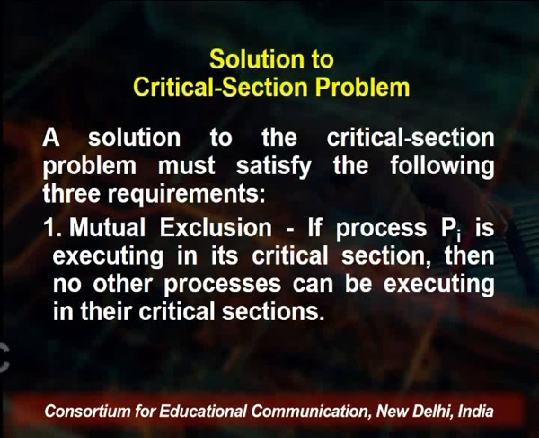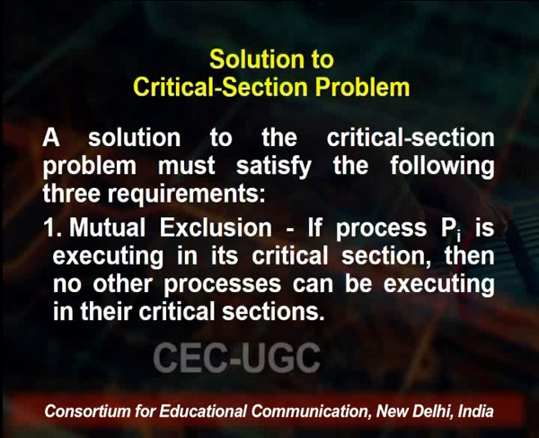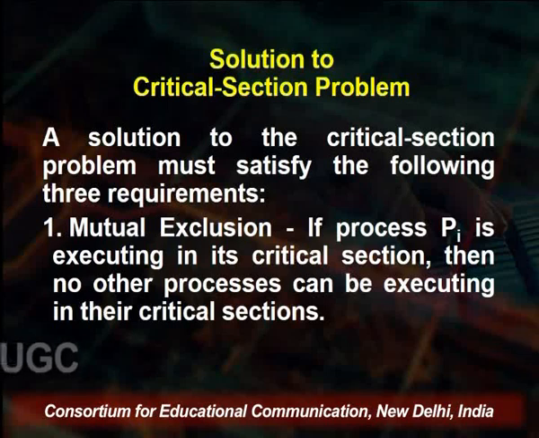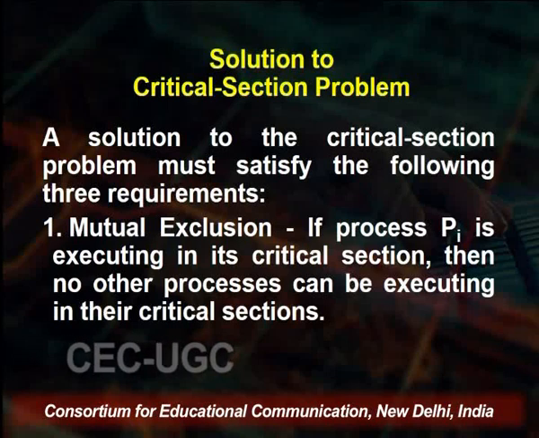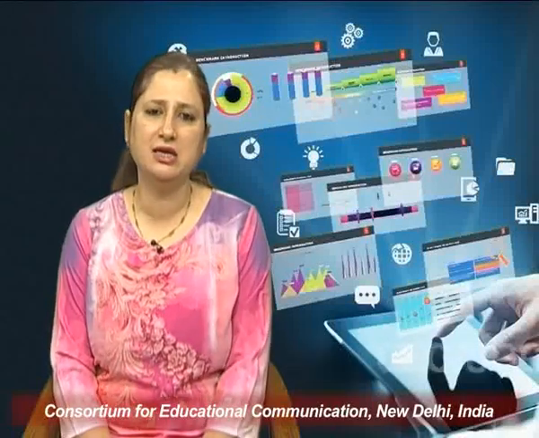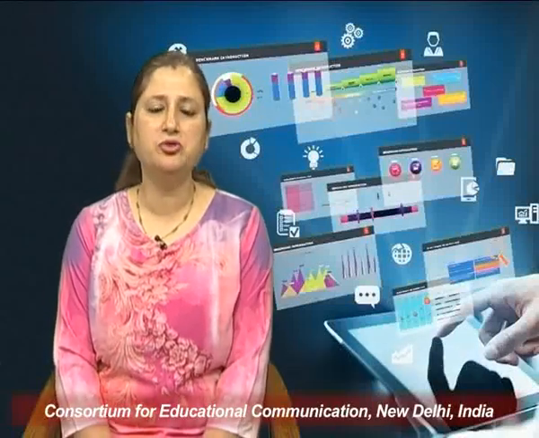Mutual exclusion means that if a process Pi is executing in its critical section, then no other process can be executing in its critical section. That is, at any given point in time, only one process will be in its critical section. They are mutually exclusive. They cannot exist at the same time, right?